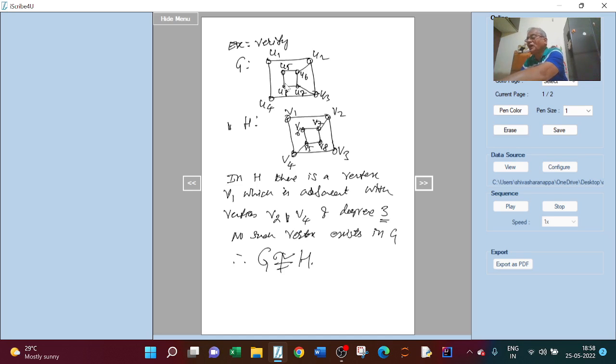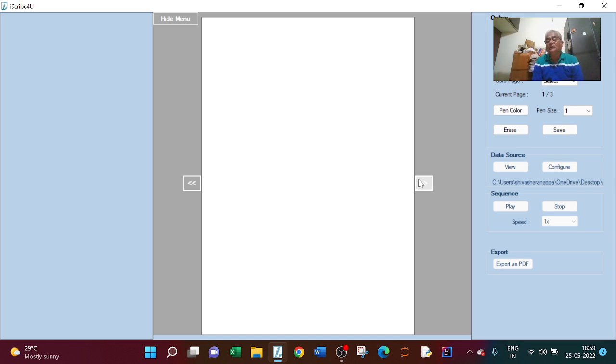Next, I will go to another example. Verify G. I will take G as this, and H as this.